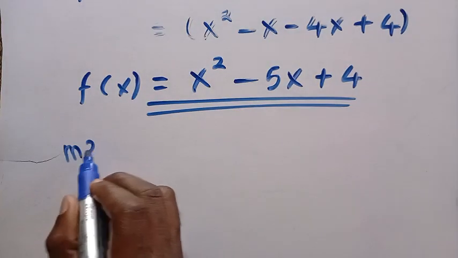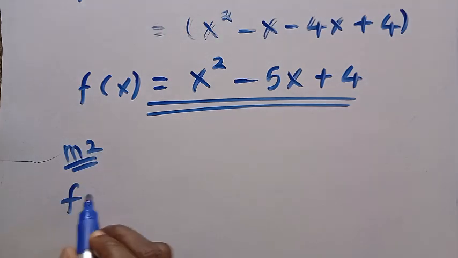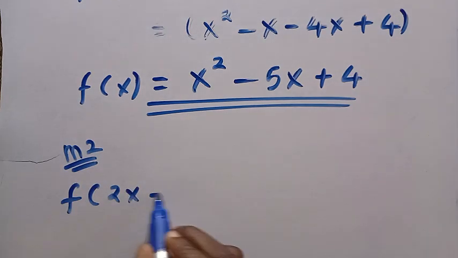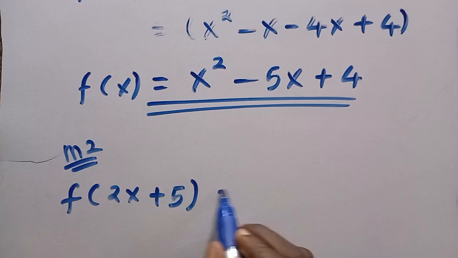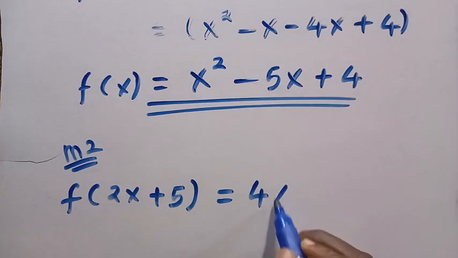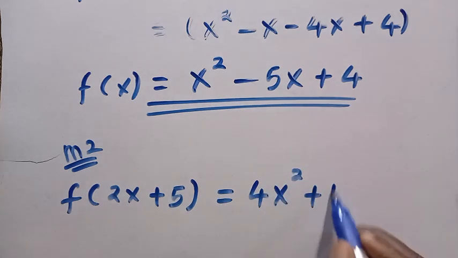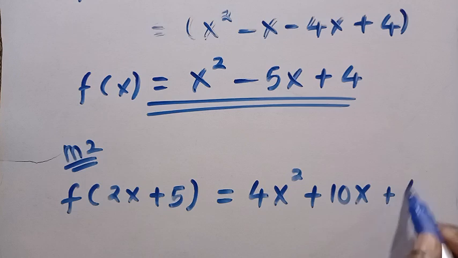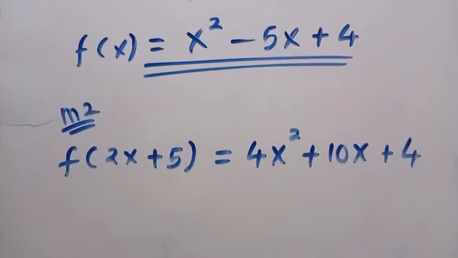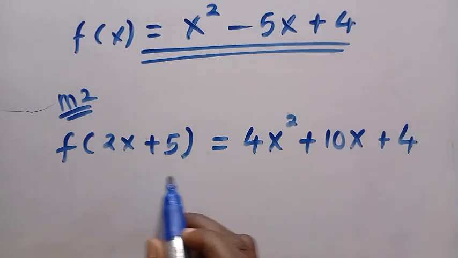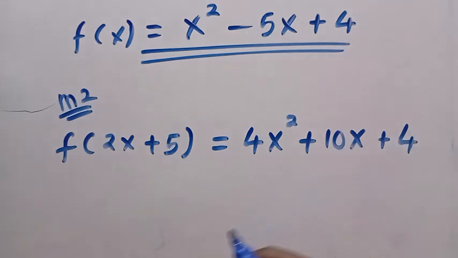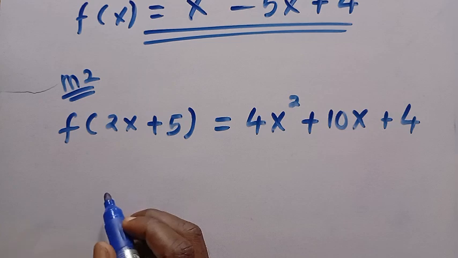Let's see method 2. With the given question, f of 2x plus 5 equals 4x squared plus 10x plus 4. So to avoid looking for how to factorize this, there is another very simple way to approach this, called the substitution method.